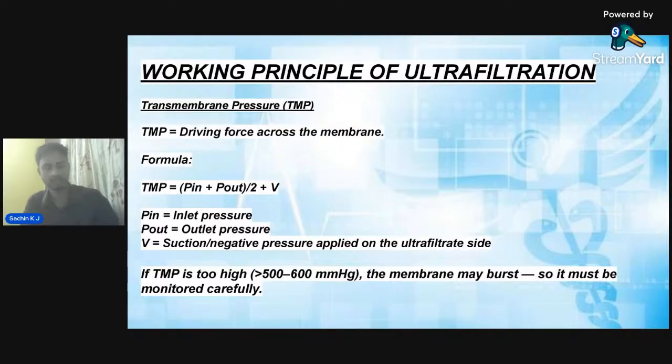Transmembrane pressure depends upon blood inlet plus blood outlet pressure divided by 2, plus vacuum pressure, that is suction, negative pressure. If the transmembrane pressure is too high, greater than 500 to 600, the membrane will be damaged. So we have to monitor carefully during ultrafiltration.